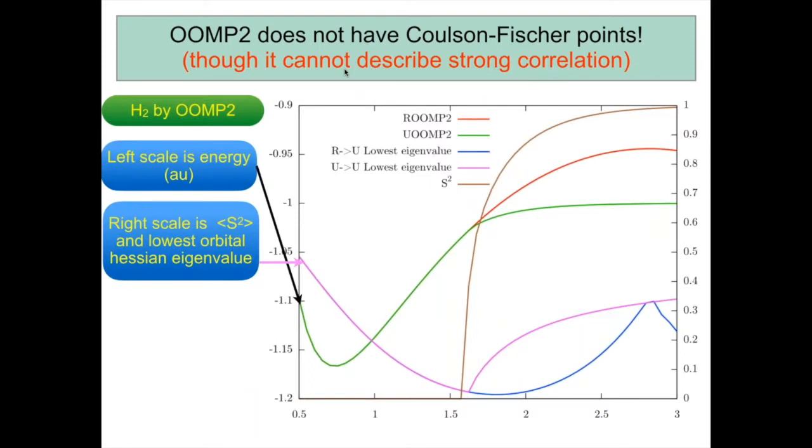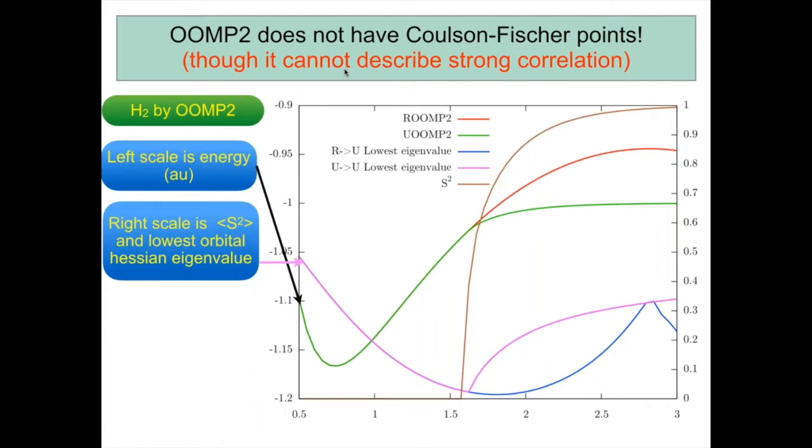So I was very excited about MP2 when I first worked on it, and later on discovered that there are some difficulties with it, and I'm going to now show you the difficulties with the classical MP2 method by going back to the bond breaking of H2 and doing it with MP2.